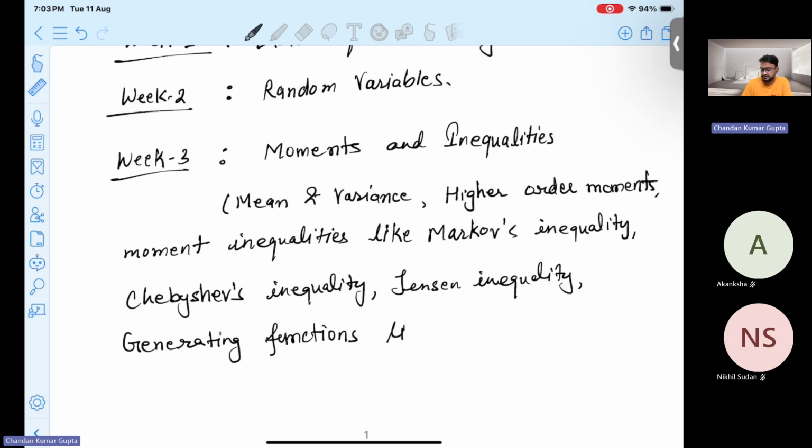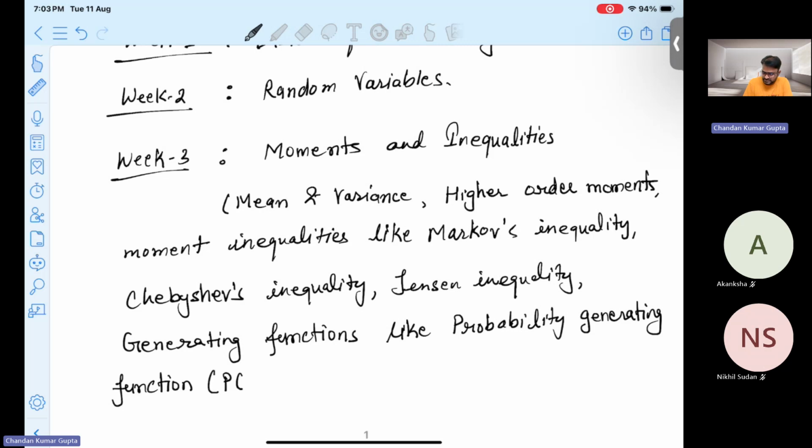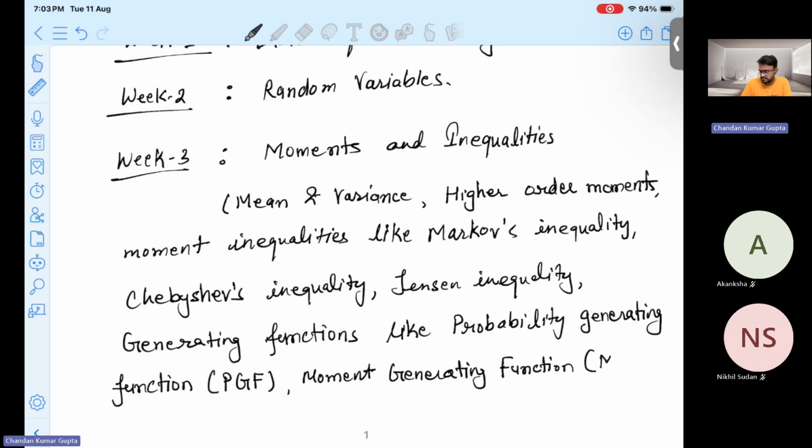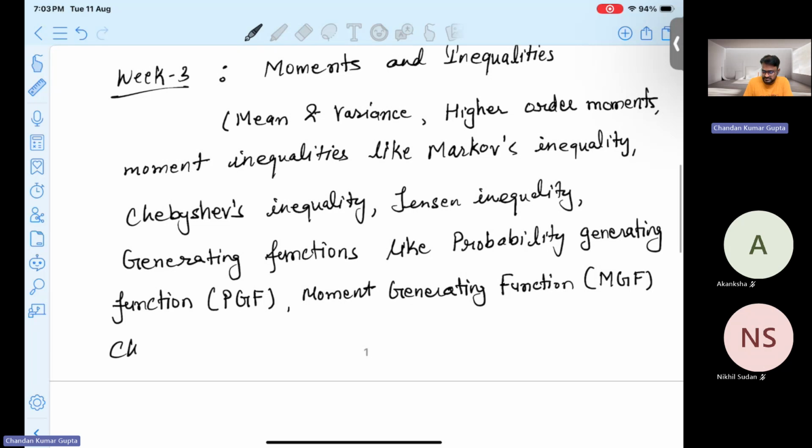Generating functions like the probability generating function, in short PGF, the moment generating function, MGF, and the characteristic function.